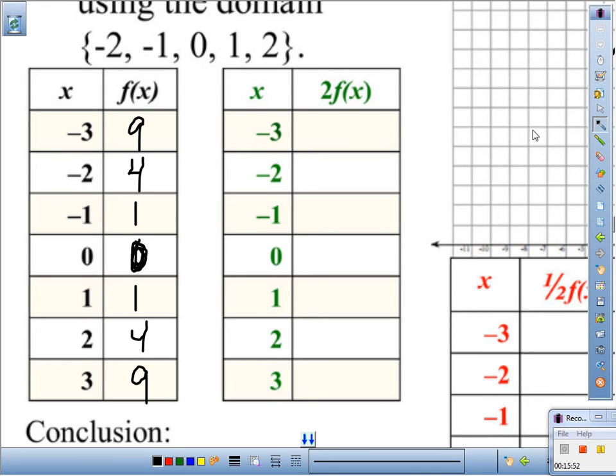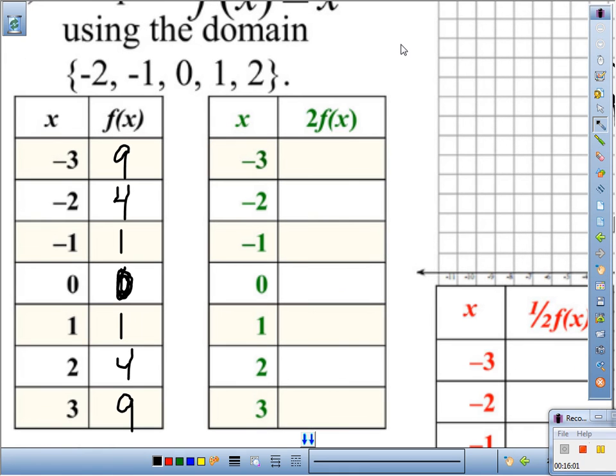All right. If I was to give you an expression, look up, like this. What invisible operation is happening between the 2 and the x? Multiplication. Therefore, look at this transformation. What do you think is happening between the 2 and the f of x here? Multiplication. That is correct.